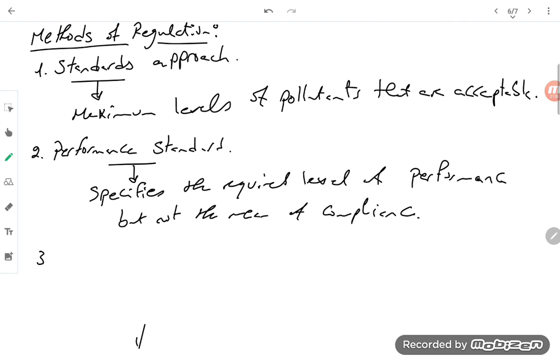Number 3, design standard. This is a regulation that specifies both compliance and performance.